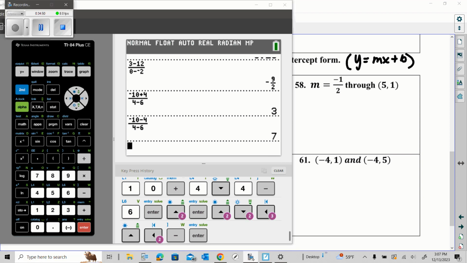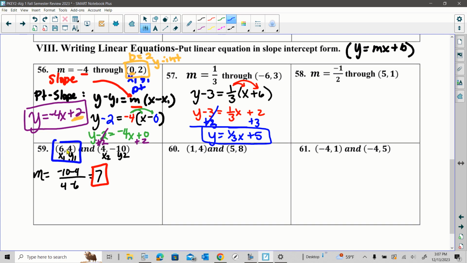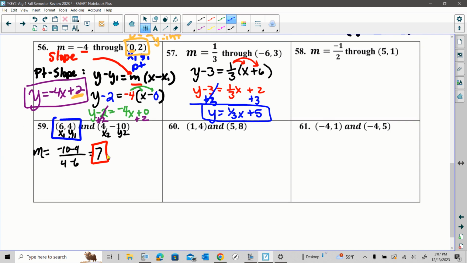So I go here, this is 7. There's my m, so I can use this as my slope, and I can use this as my point. So I'm just going to plug that into point slope form. So this would be y minus 4 equals 7 parentheses x minus 6. Then to solve it, we're going to distribute to get rid of the parentheses.